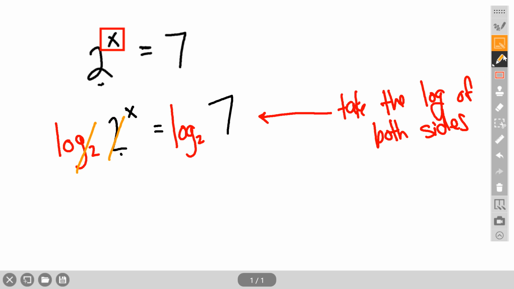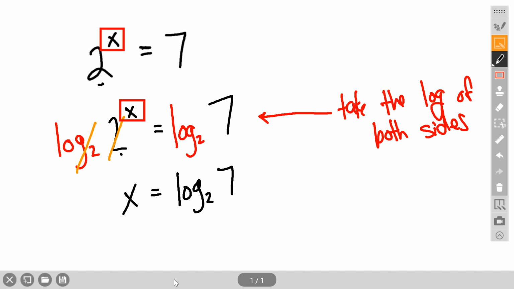We'll get to the 7 in a second. So on the left side, all that you're left with is this x because the log base 2 cancels out the exponent base 2. So that's gone. So you have x. On the other side, you do still have log base 2 of 7.